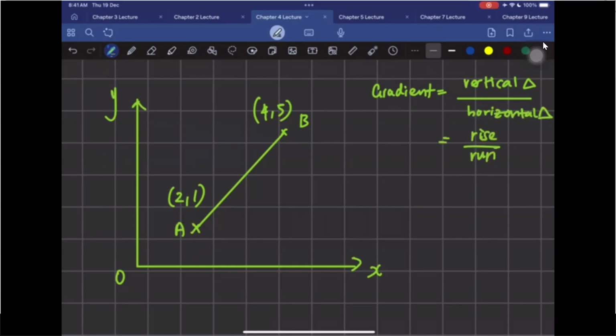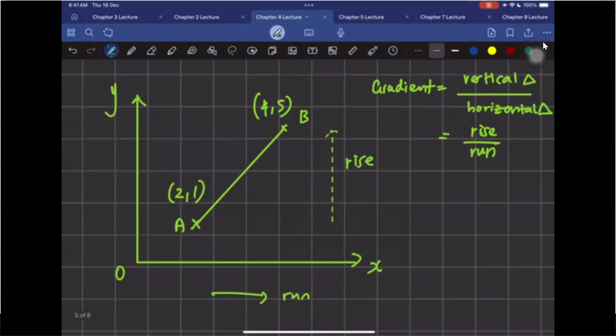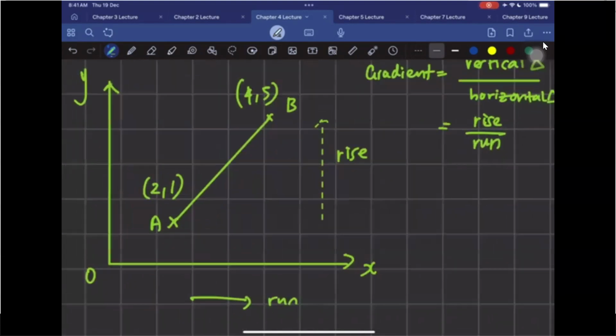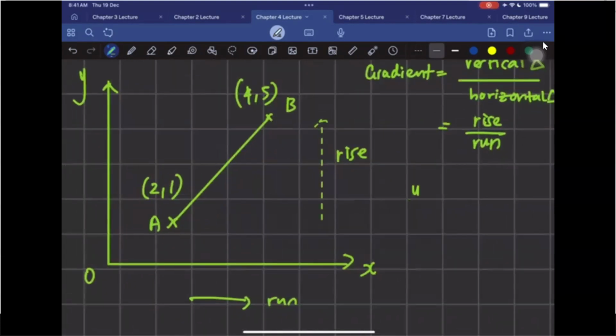Okay, so this direction is called your rise, and this direction is called run. So the formula for gradient is y2 minus y1 over x2 minus x1.